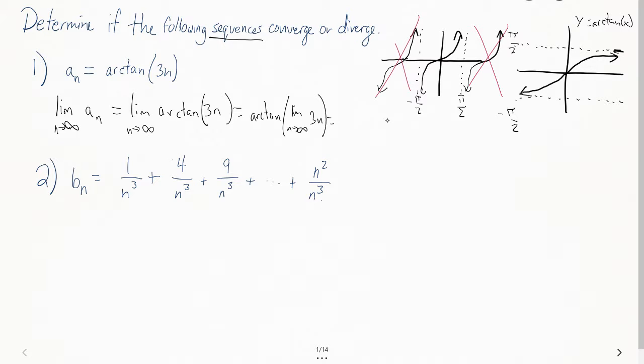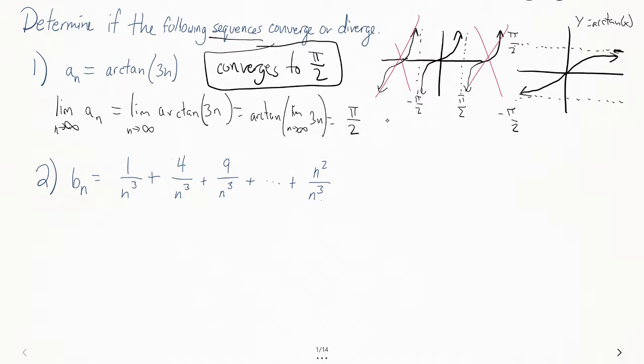So the whole answer here is just pi over 2. So this thing converges to pi over 2. And that's a whole bunch of what we're doing with sequences. We're just trying to determine where's the limit as n goes to infinity. And we do that over and over again. Okay? So keep that in mind when we move on to the next one.